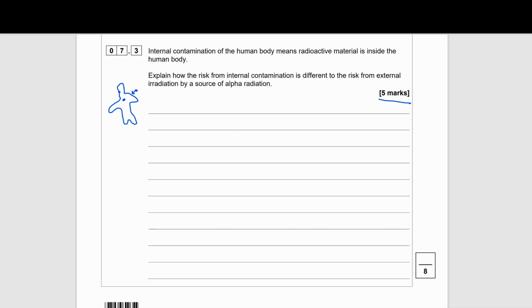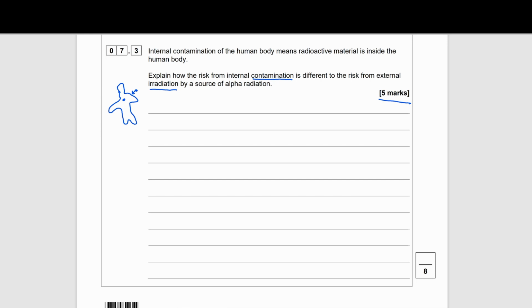So, our knowledge needs to be of what contamination and radiation is, which we've just kind of reminded ourselves now. Radiation is being exposed to some object which is emitting one of our 3 types of radiation.